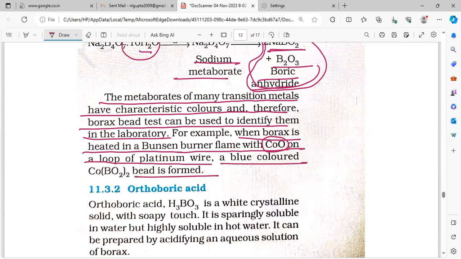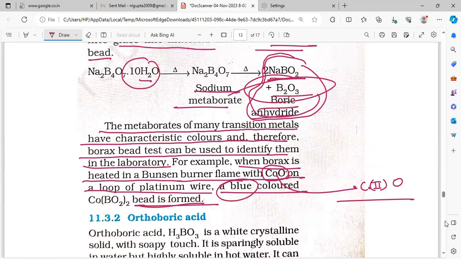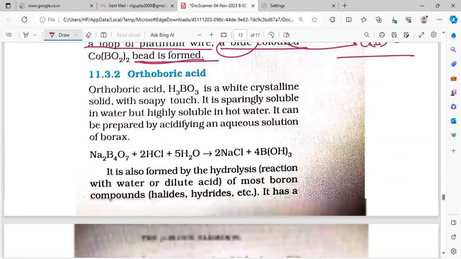Sir, this is the cobalt oxide. Cobalt second oxide. So this gives blue. This is the detection of the metal, using the borax bead. Yes, NaBO2.